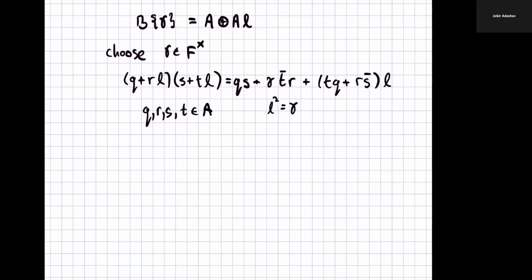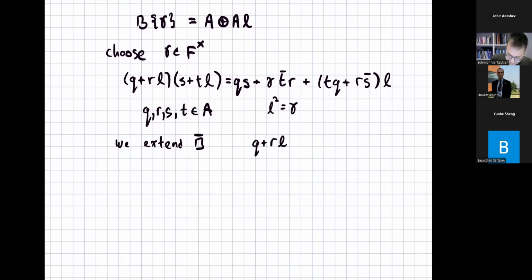We extend our involution to B in the following way: Q plus RL, bar, equals Q bar minus RL. Here the bar is from A, and now we've defined the bar over B as well.